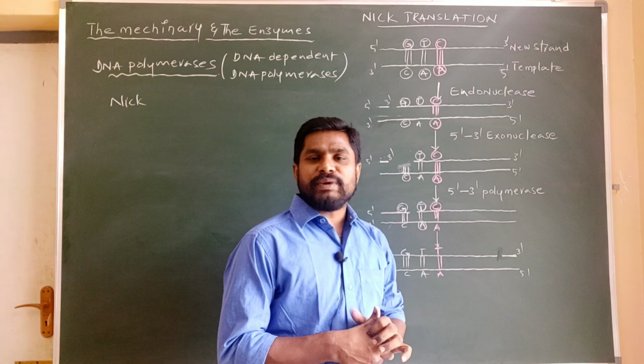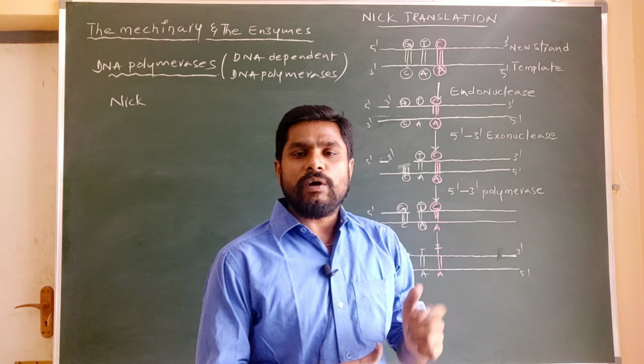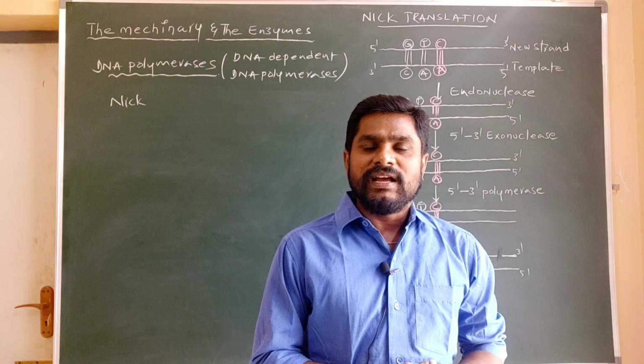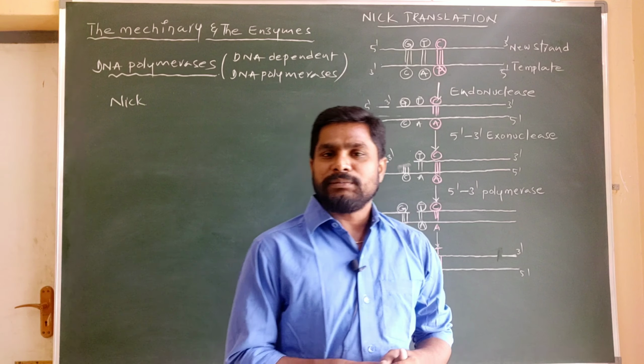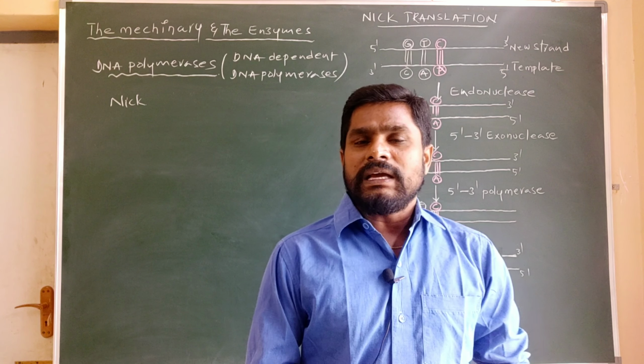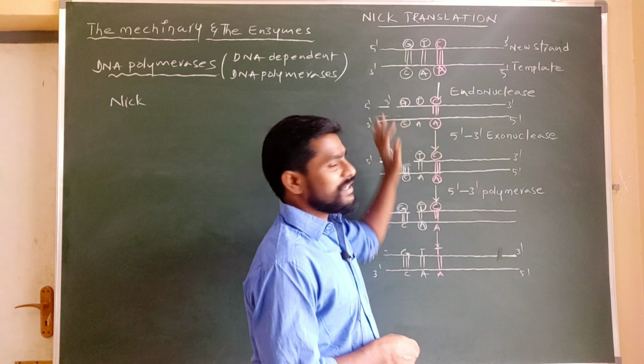This mismatch base pair might be formed when a wrong nucleotide gets polymerized and escapes from the eye of 3' to 5' exonuclease activity. So, this mismatch base pair must be repaired. In such conditions, DNA undergoes a method of DNA repair, that is the nick translation mechanism.